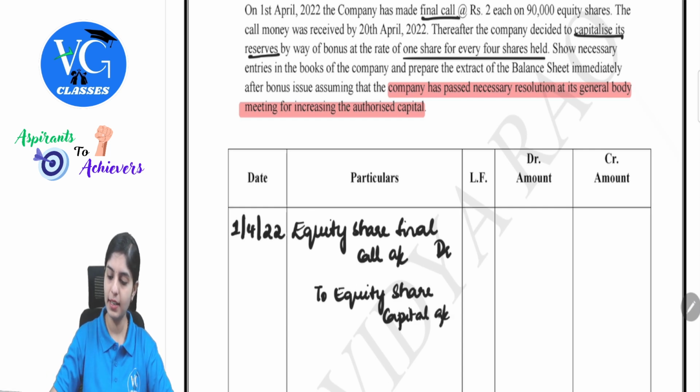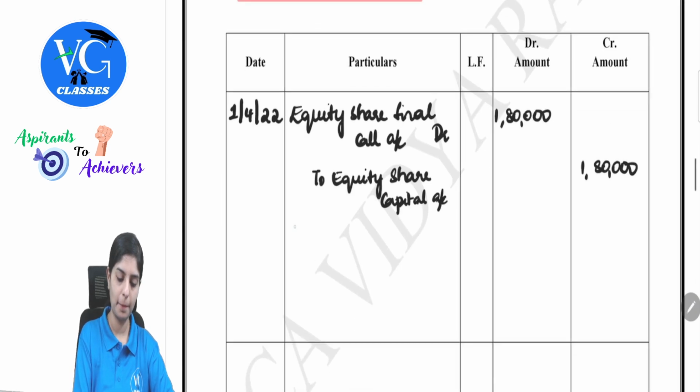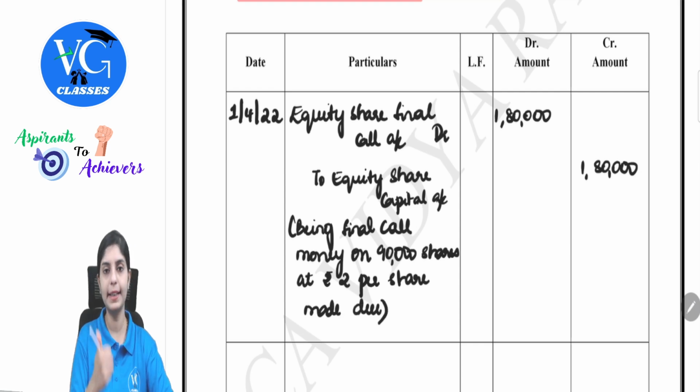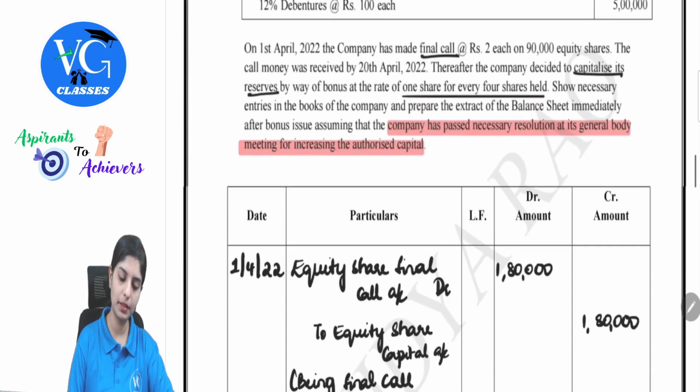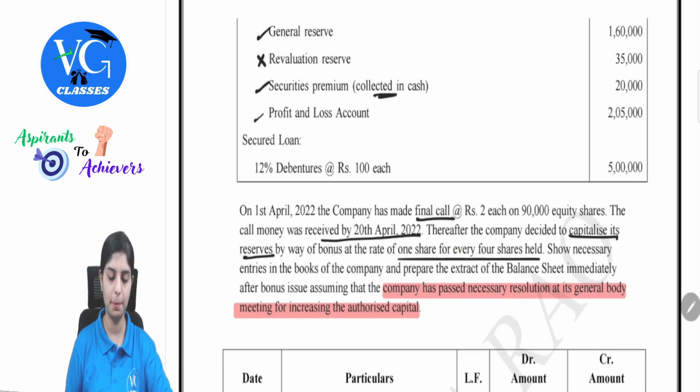How much is this? 90,000 into 2. Being final call money on 90,000 shares at rupees 2 per share made due. Clear?